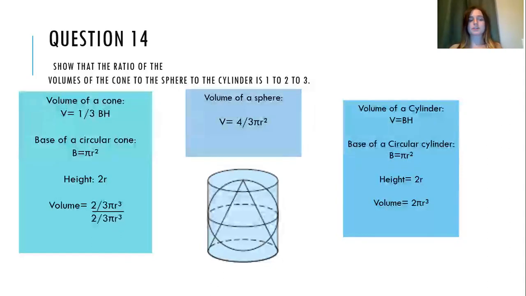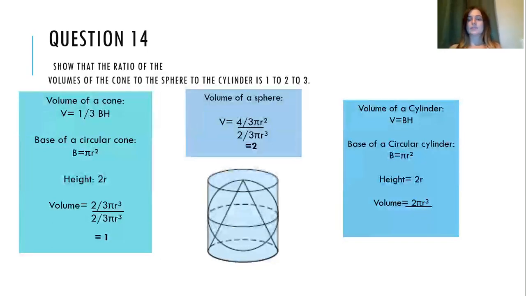So let's start with the cone. This is pretty simple because we are just dividing 2 over 3 over 2 over 3, which is equal to 1. And now we would do the volume of our sphere divided by the volume of our cone, which is 4 over 3 pi radius cubed over 2 over 3 pi radius cubed, which is equal to 2.